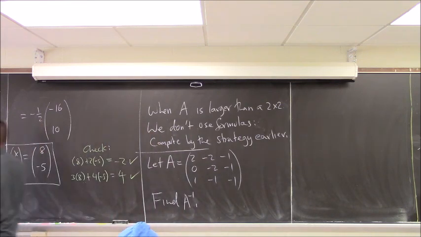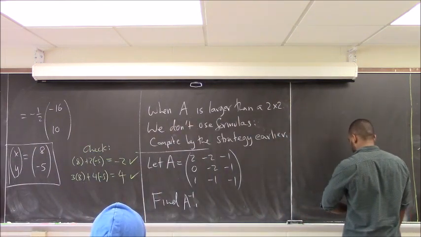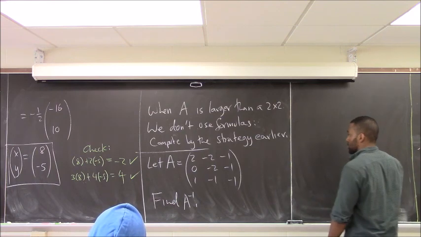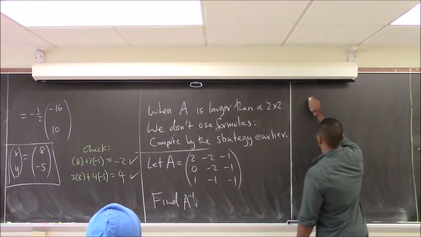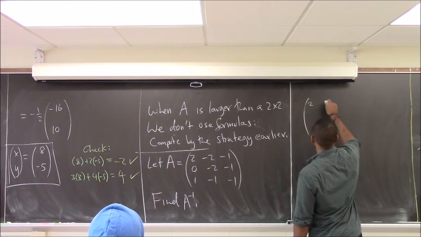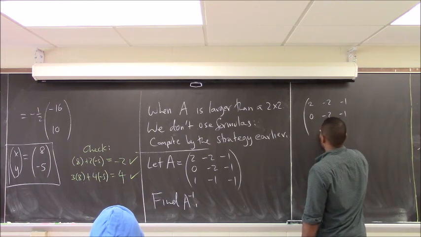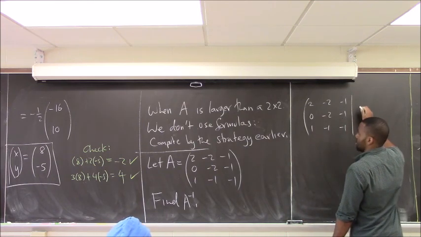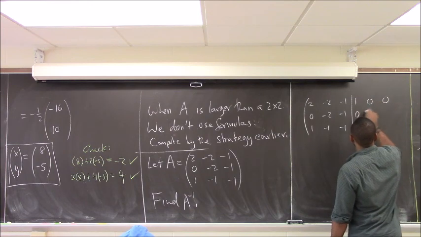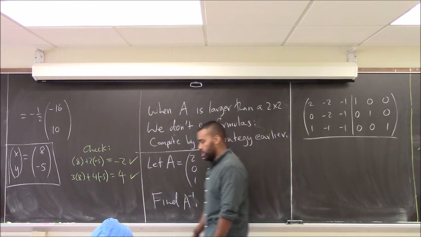So we're going to find the inverse of that guy. And this just comes down to going through the process. We're going to find the reduced echelon form of that.